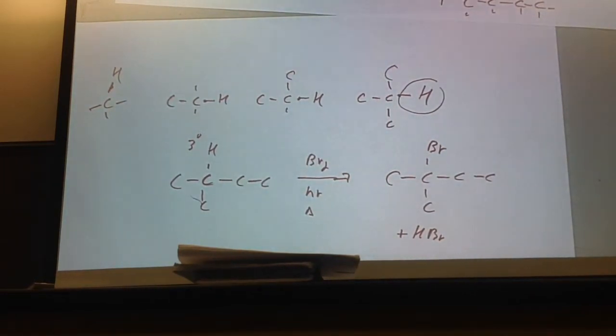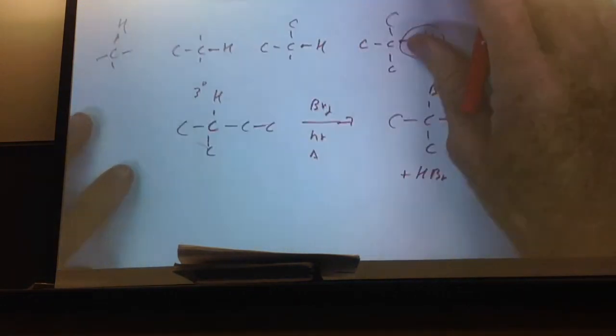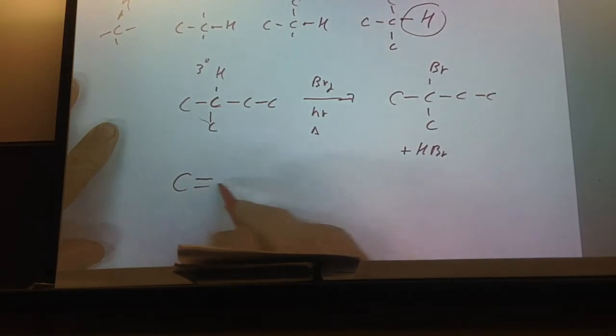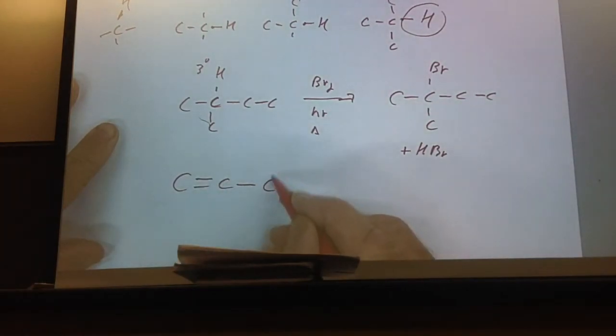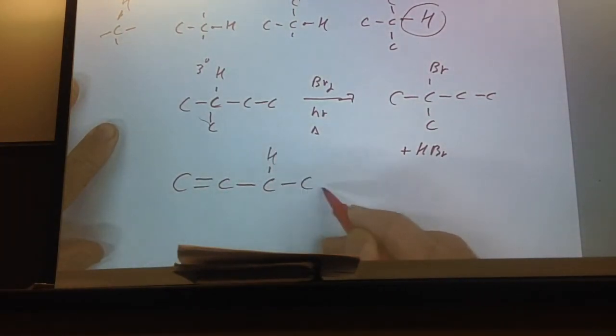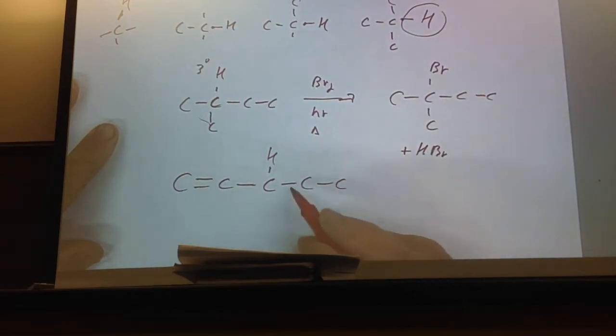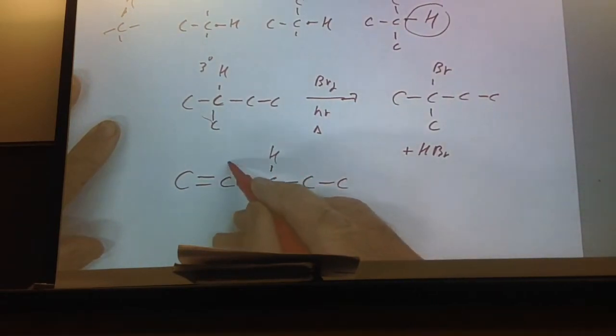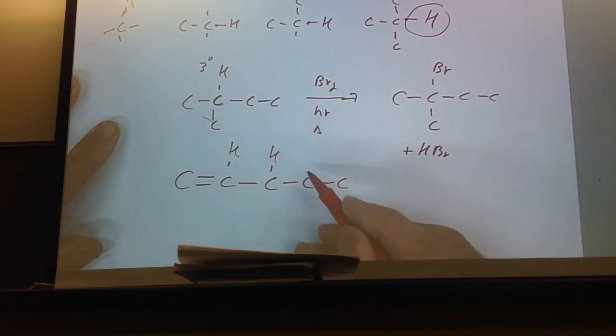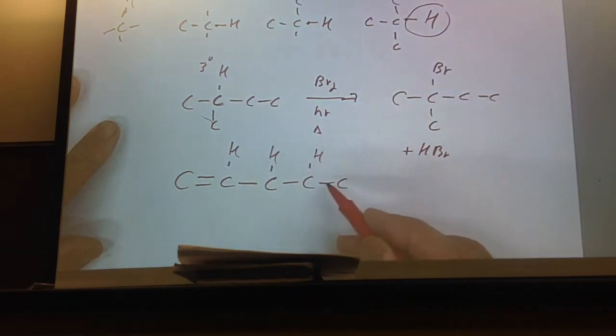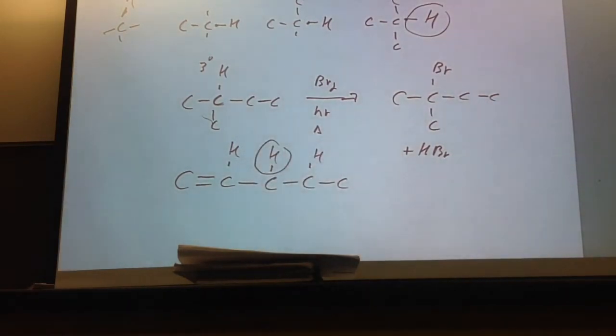The other thing to remember is hydrogens attached next to a carbon-carbon double bond, especially these guys right here, are especially susceptible to abstraction. These guys don't go. This one somewhat, but this is really, really subject to abstraction.